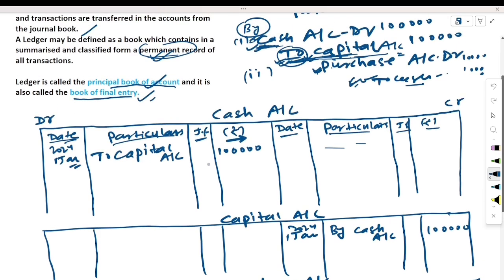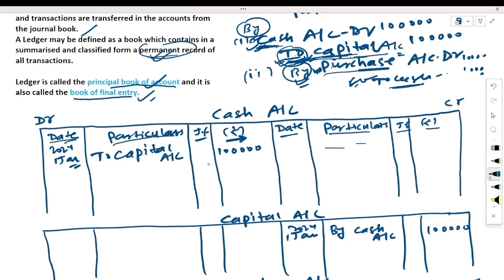Now come to the second entry. Here the entry is purchase account debit to cash account. As we know that "by" is hidden here with purchase account. So purchase account debit to cash account. It means in purchase account ledger book, we will have to write the cash account balance, and in cash account ledger book, we will have to write the purchase account balance.